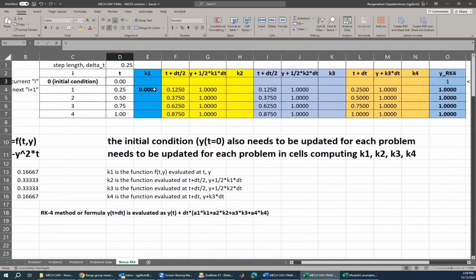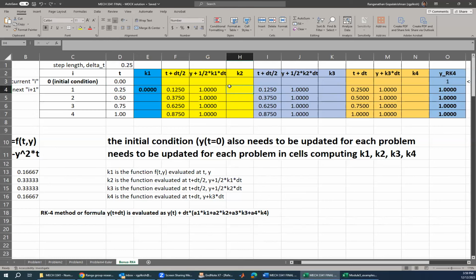Because we have a 0 here, y squared t is simply 0. And then this y plus half k1 is simply taking this y value, which is 0, plus half times k1. k1 happens to be 0 times delta t, which is 0.25. So that also is 0, so that's fine.